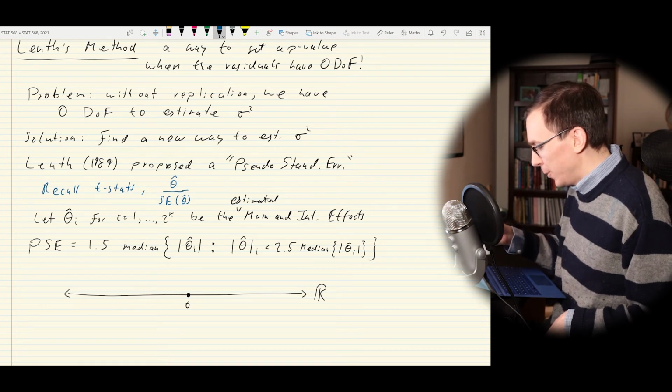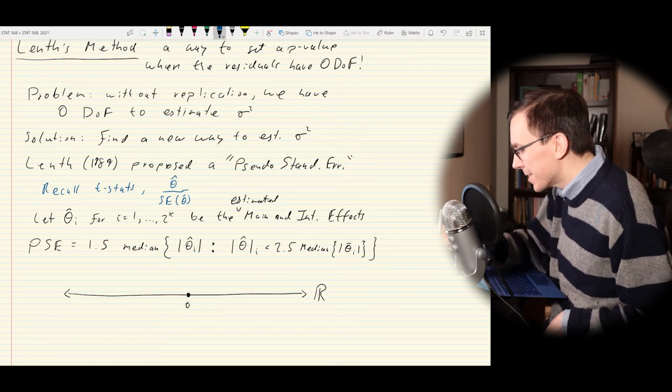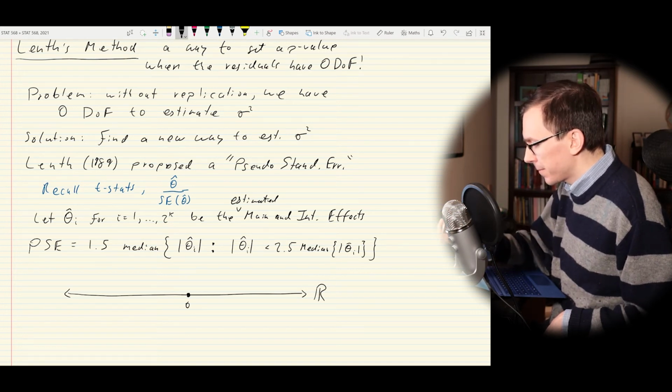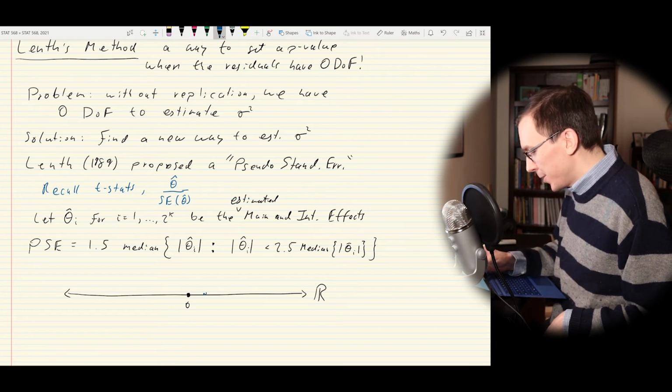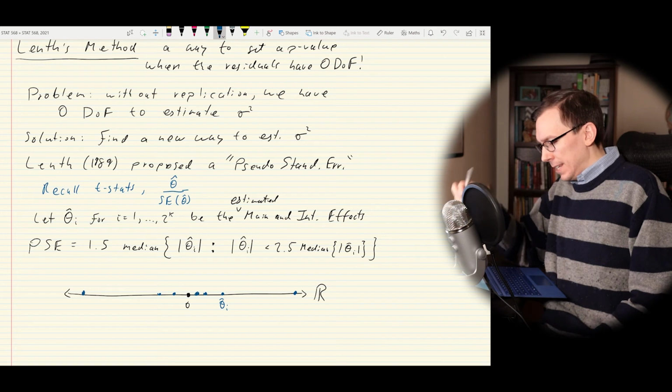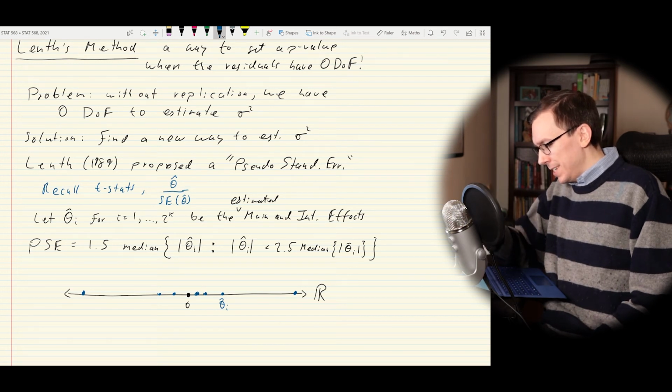Now, I have a whole bunch of theta hats, with i supposed to be inside the absolute values, not outside. There we go. So what I would have is a whole bunch of thetas that would be somewhere. Maybe there's some ones that are far away. These are the theta hat i's.